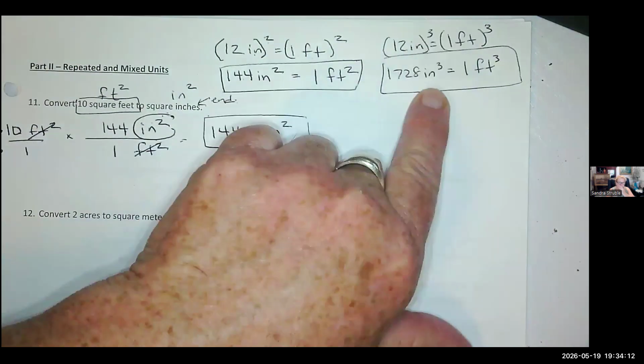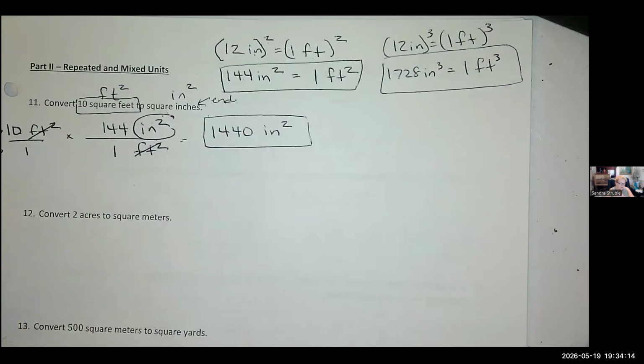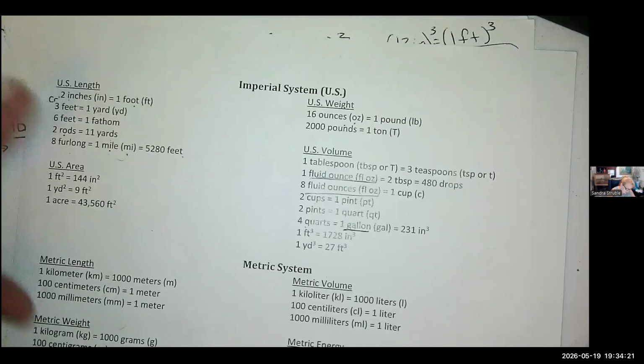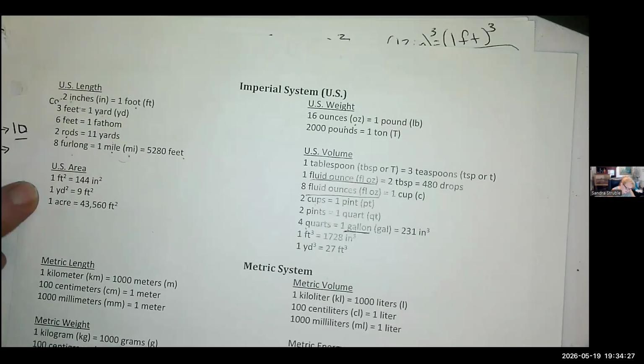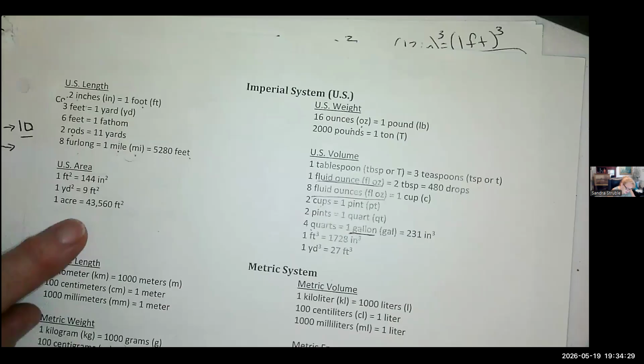Okay. Converting 2 acres to square meters. Acres is American. Where is it at? Here it is, area. 1 acre is 43,560 square feet, but we want to go to square meters. So let me see what we're going to have to do for that.